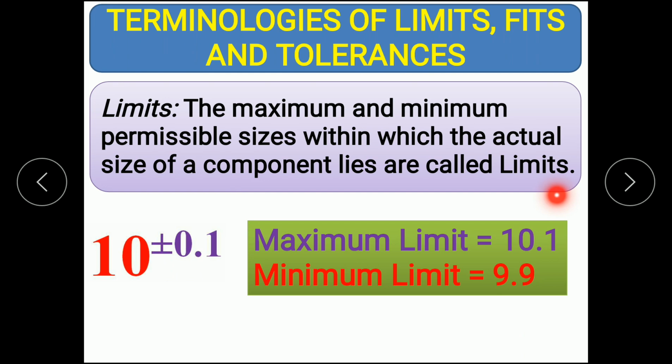So 10.1 and 9.9 are called the limits. 10.1 is the maximum limit and 9.9 is the minimum limit, meaning the dimension of the part should be between these two limits.